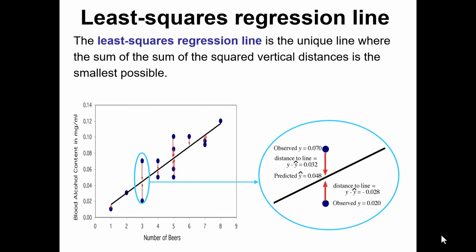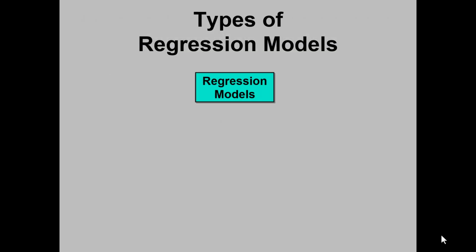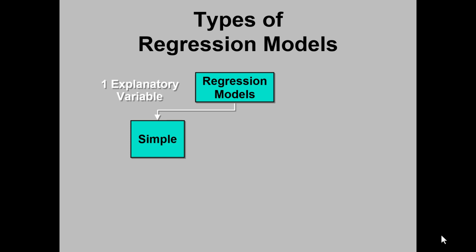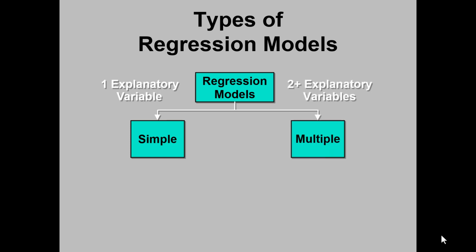Minimization. There are different types of regression. You have simple regression, such as bivariate regression, where you have dependent variable y and one explanatory variable. In some cases, you have more than one explanatory variable, more than one independent variable. We call that multiple regression.